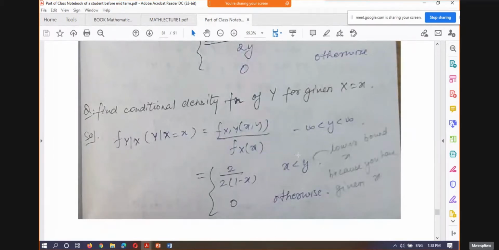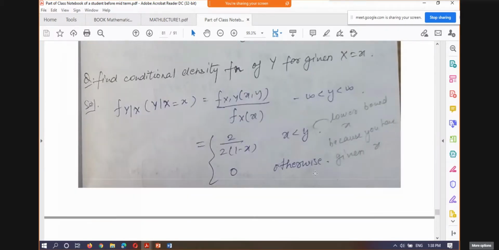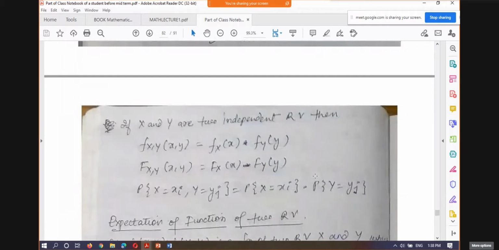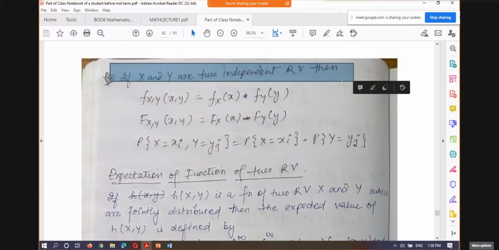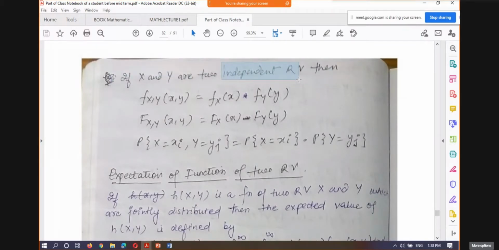Like that, we can also solve for x, the conditional density function of y for a given x. Now you have to remember this result. If x and y are two independent random variables, remember this because we are going to use it many times now.